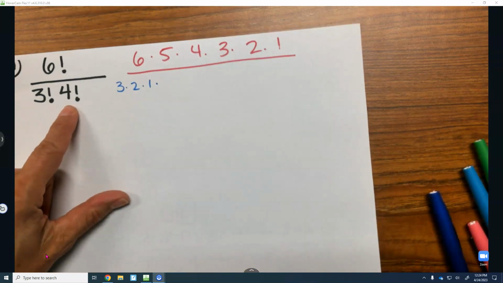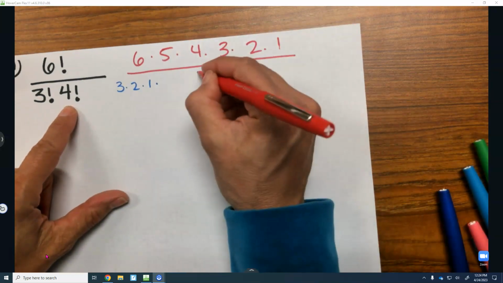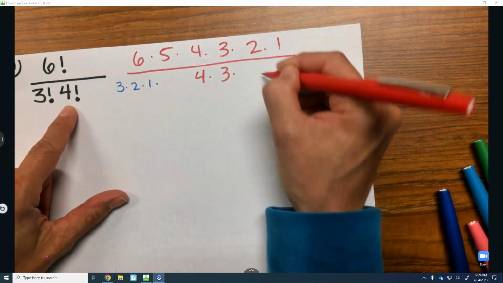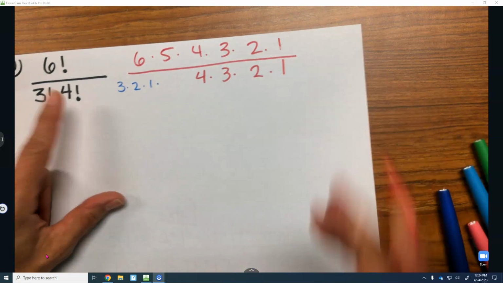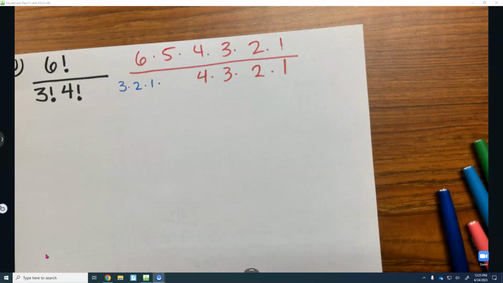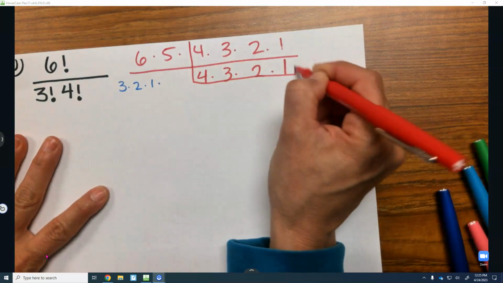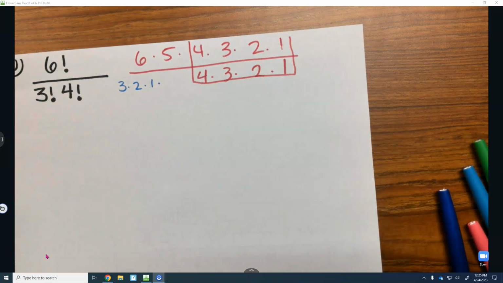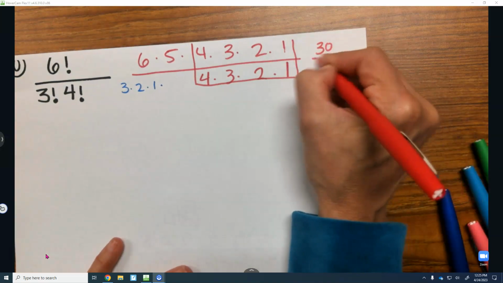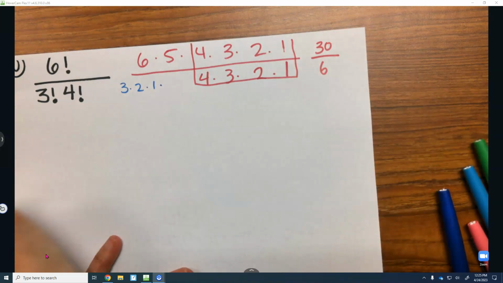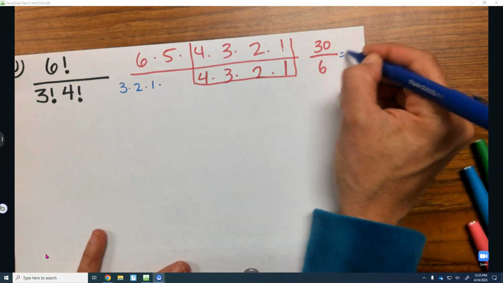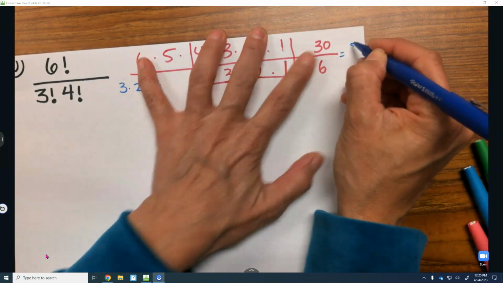This 4, guys, is going to be 4 times 3 times 2 times 1. So if all of these cancel out, which they do, it's just going to be 30 divided by 6. So number 10 is just 5.